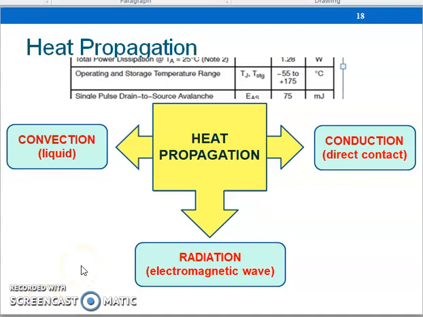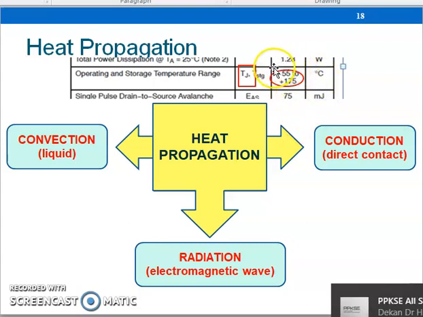Okay, again to highlight, once you take a look at your datasheet, you have to be alert on this value, which is the capability of the device. The junction temperature should not rise above the limit.